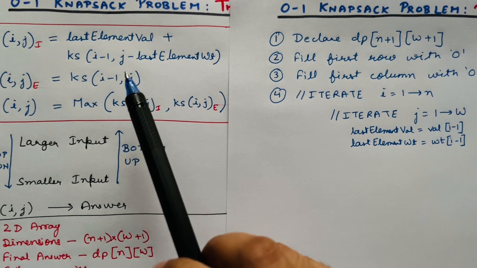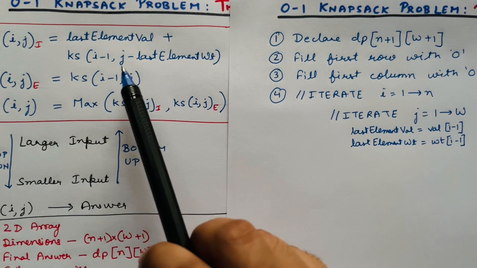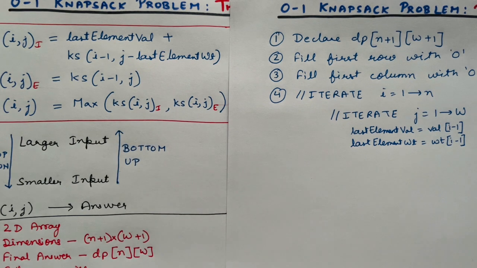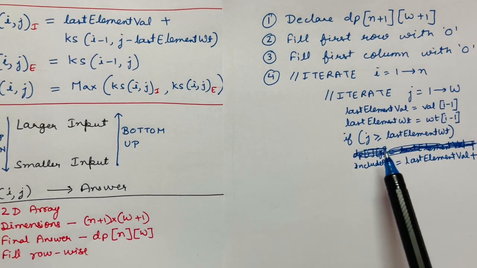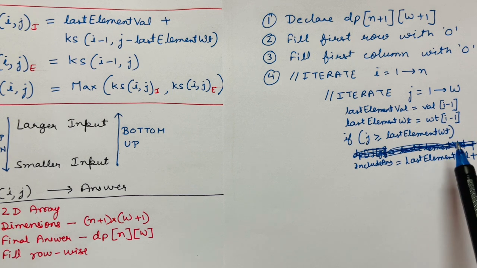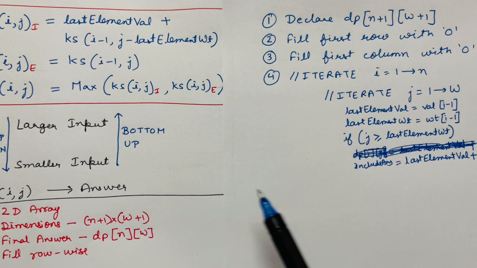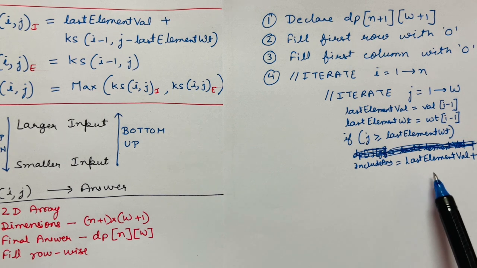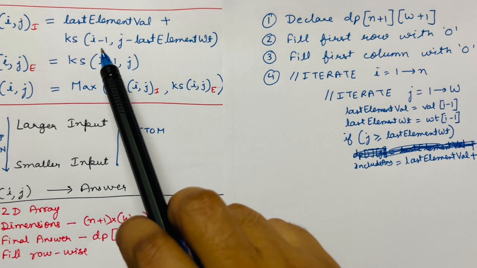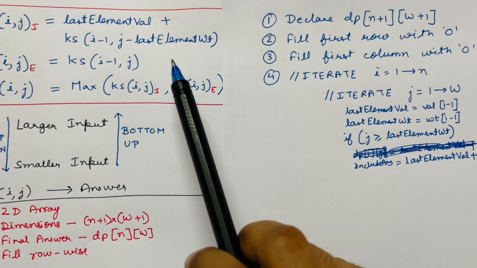Now we need to fill the value for include answer. To go for include answer makes sense only if our current capacity j is greater than the weight of the last element. So we add this condition: if j is greater than or equal to last element weight. Now in this case, what will be our include answer? Our include answer will be last element's value plus the value for the combination of i minus 1 and j minus last element's weight.